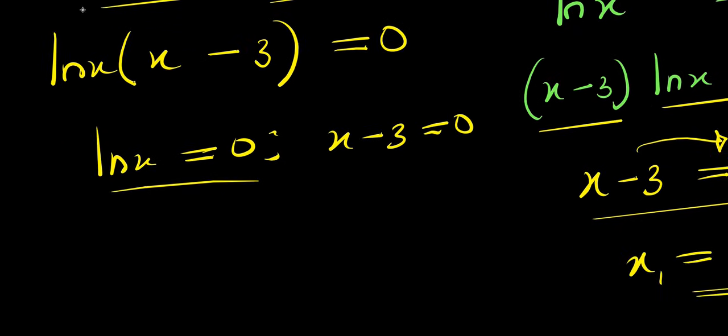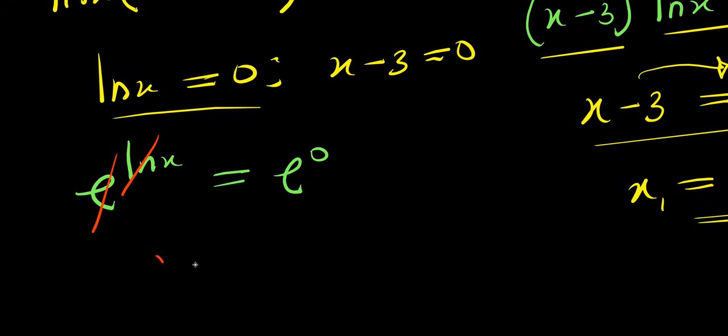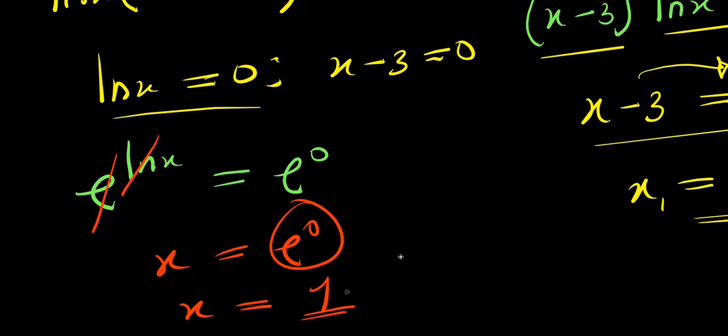That means we need to make use of e in order to eliminate the natural log. We have e power natural log of x equals e power 0. So what happened here is that the e cancels the natural log, and what we are going to have will be x equals e power 0, and from here x equals e raised to the power of 0, which is 1.